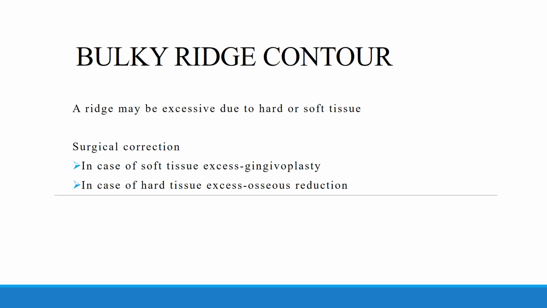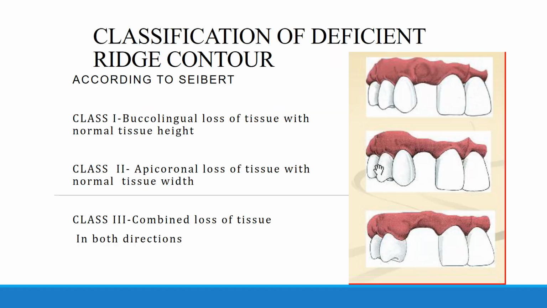For bulky ridge contour, the ridge may be excessive due to hard or soft tissue, right? Surgical correction can be done as gingivoplasty and osseous reduction, for hard tissue, soft tissue. Okay, coming to the classification of deficient ridge contour. According to Siebert, this is important, guys.